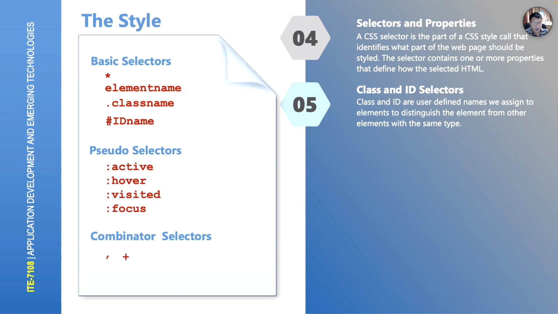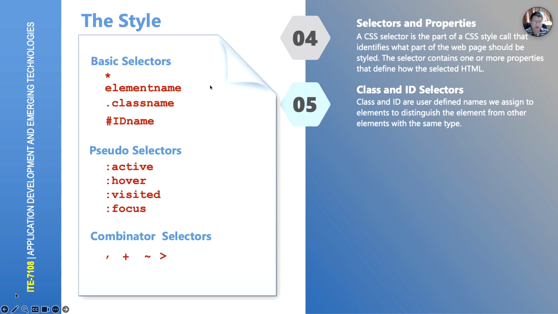The plus combinator means we are styling adjacent siblings of an element. The tilde combinator styles the properties of some elements of the sibling. And finally, we have the arrow combinator, which tells the renderer to style a child of the reference element.